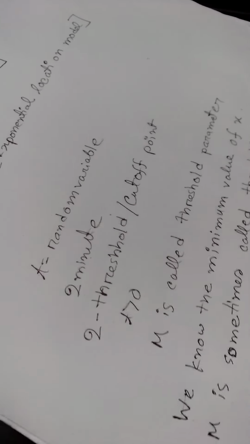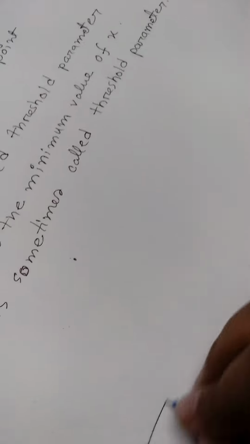Location and scale don't change the look of a distribution that much. But shape changes the face of the distribution, changes the whole thing.